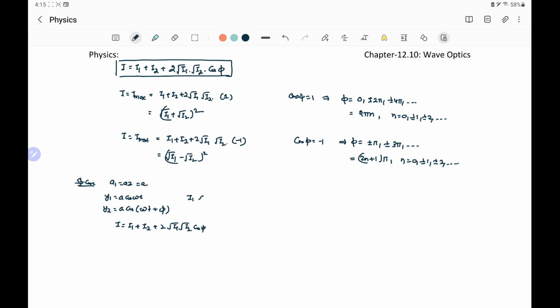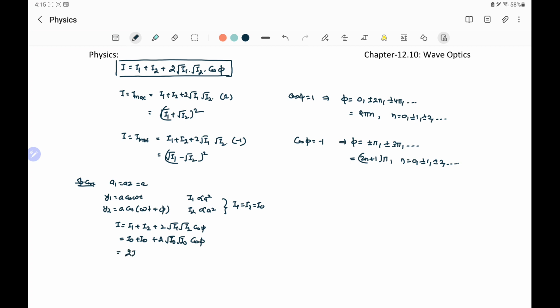Intensity of first wave is proportional to A square. Intensity of second wave is proportional to A square. So we can conclude that I1 equal to I2, and suppose this is I naught. So we have the intensity of the resultant wave will be I naught plus I naught plus 2 into root I naught square cos phi.